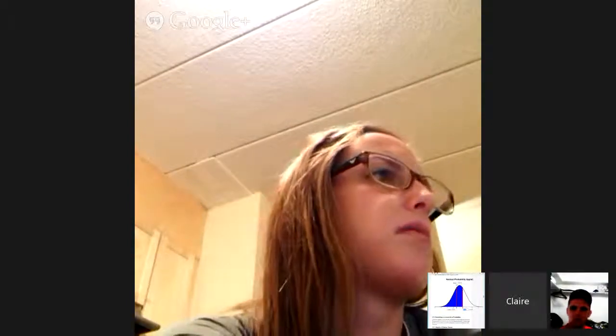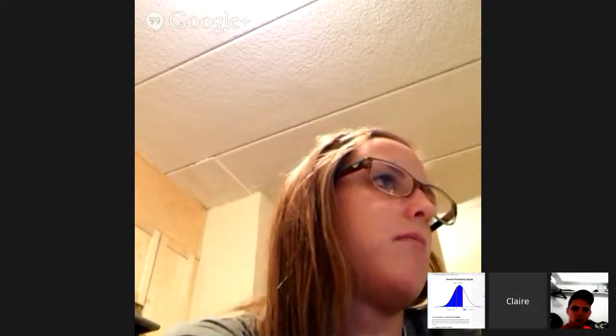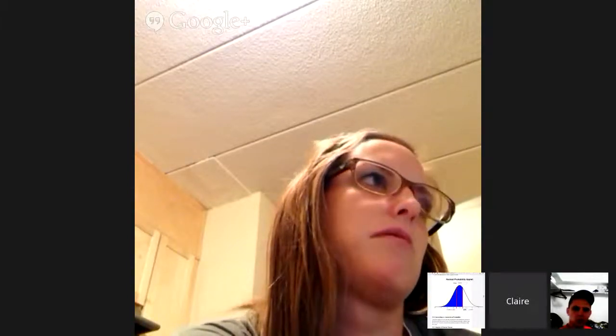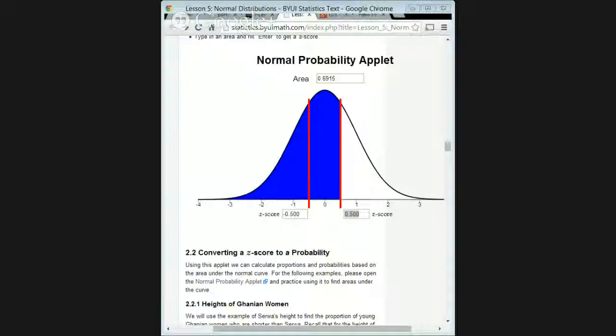What is the third quartile of speeds of hydrogen at room temperature? So what's the 75th percentile, right? How do you define the third quartile on that graph? So the third quartile is 75%. So you go to the area and you would put in 0.75.